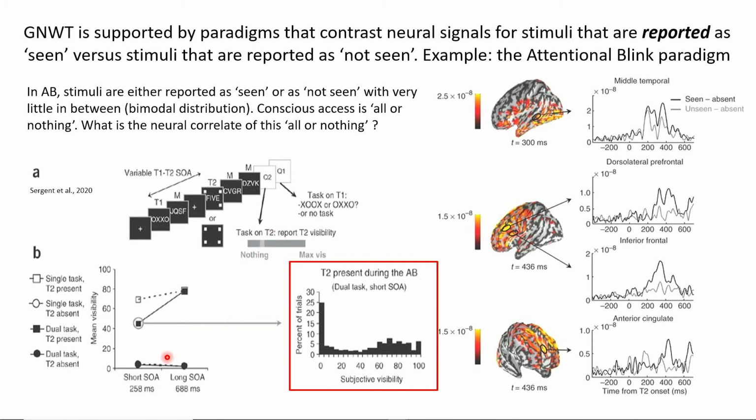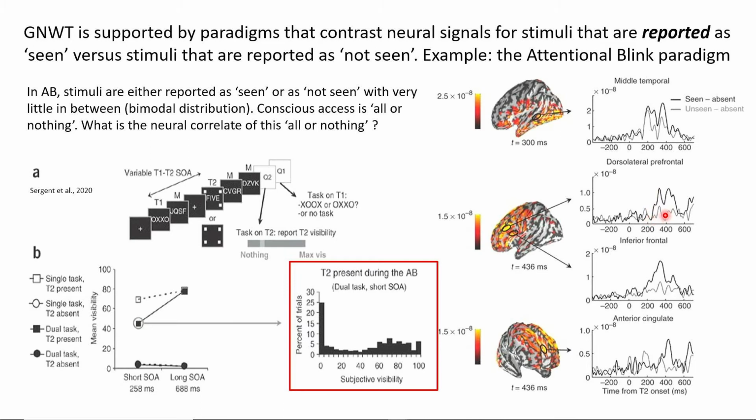In an attentional blink, you present a stimulus and then a target, and people have to respond to the target, and then say 200 milliseconds later you have a second target which people also have to respond to, and typically the second target is missed. Attention blinks a bit. Then they look at the processing of such a missed second target, and what they find is that only when you see such a target, you get this global ignition, frontal activation.